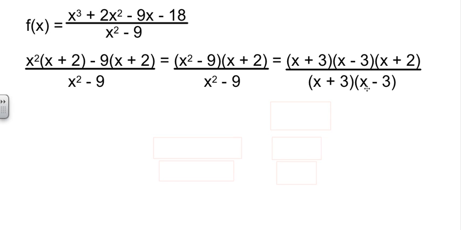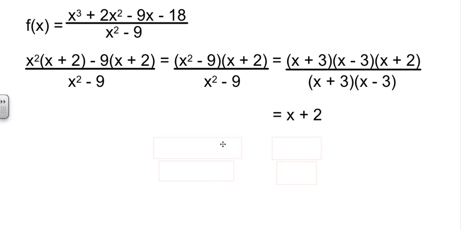I'm going to go ahead and factor them so I can see all my discontinuity points coming up. You can see these cancel out, and you can see these two cancel out. So you're left with x plus 2 for your function. Now, where do our discontinuities come from?